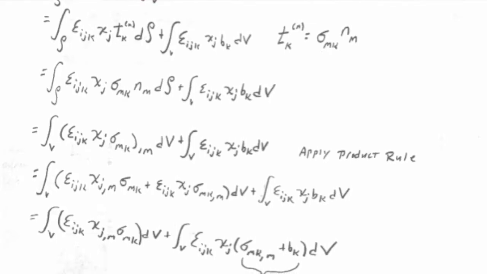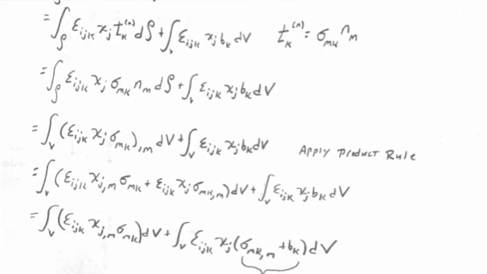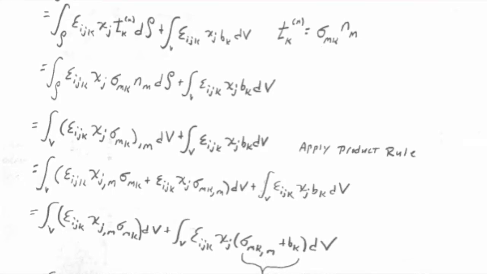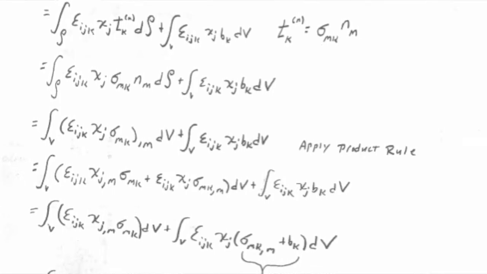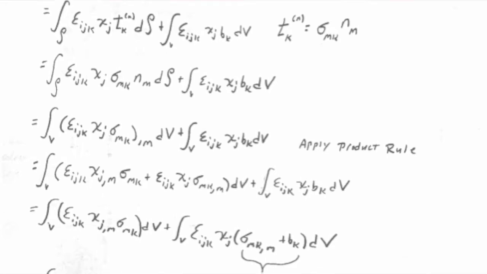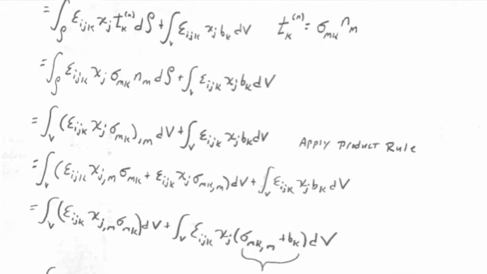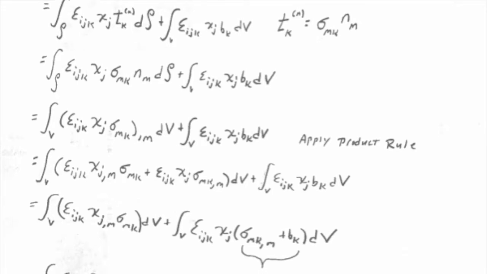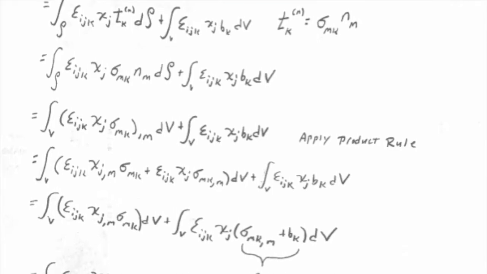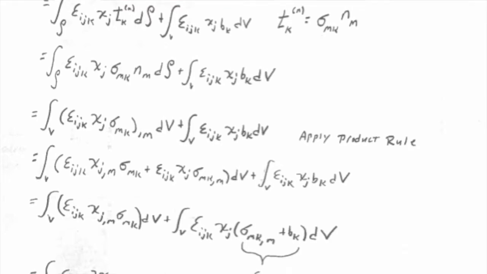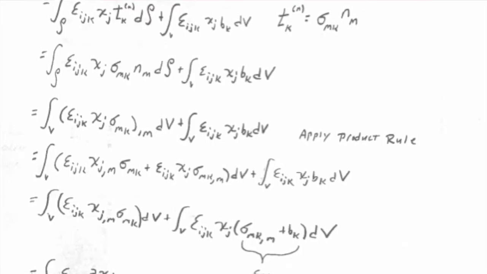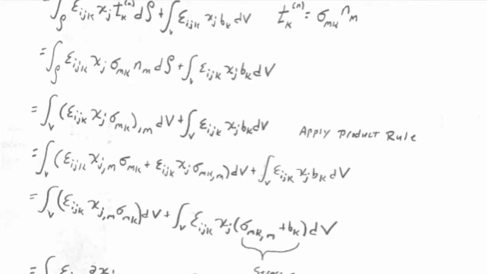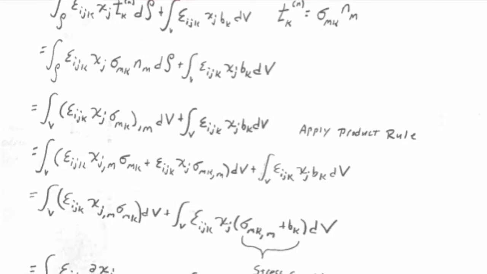This is our moment vector, the derivative with the normal. This is a derivative here, so let's apply the product rule and expand this derivative out. That gives us epsilon. Make sure I don't make a mistake with indices here. Epsilon i, j, k, x j comma m, sigma m k.